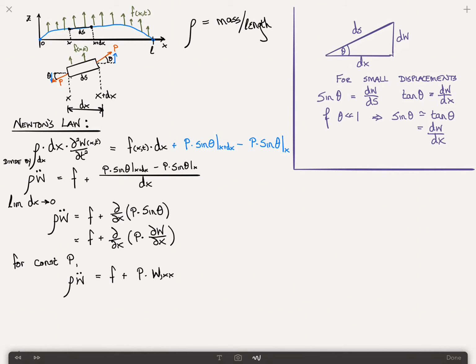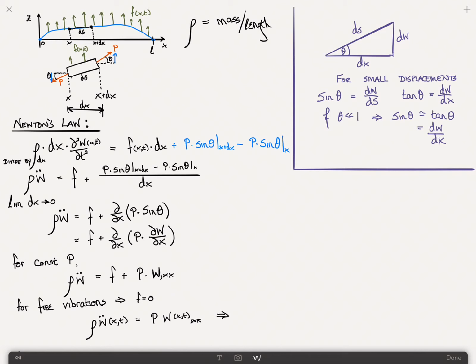All right. And then finally I can say that for free vibrations, this implies that f is equal to 0. And this can be rewritten as rho w double dot, and I'll put back the x and t dependency now, is equal to p times w(x,t) comma xx.